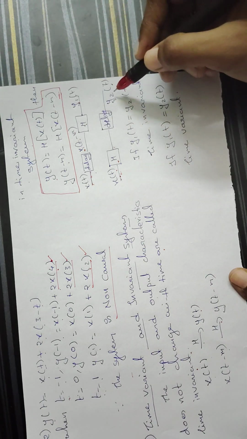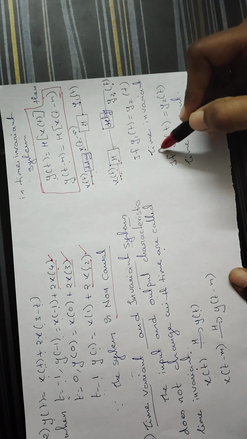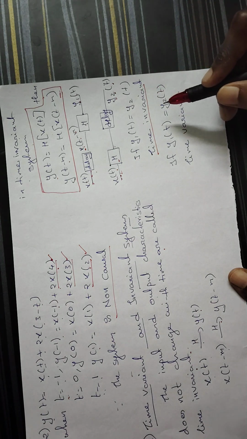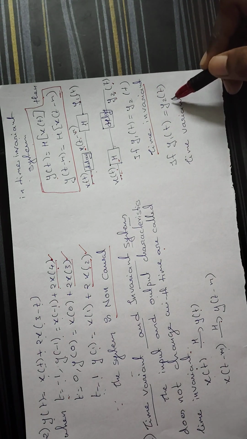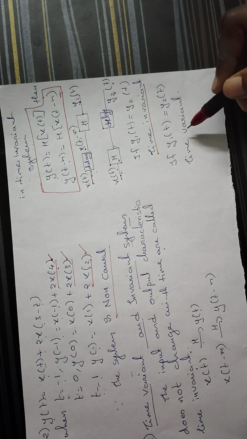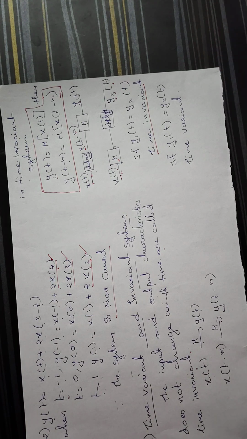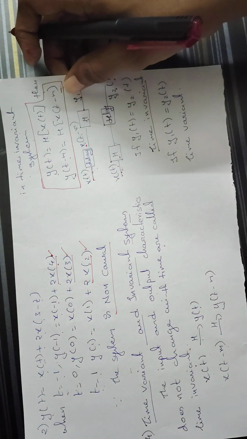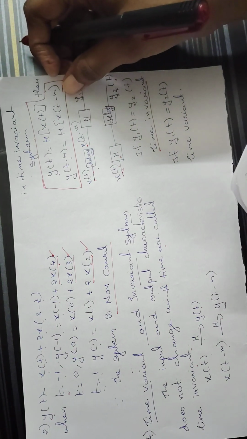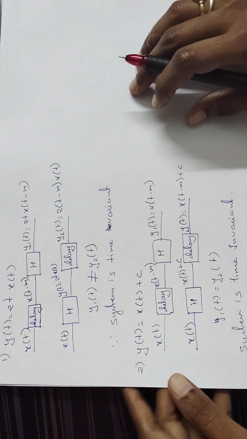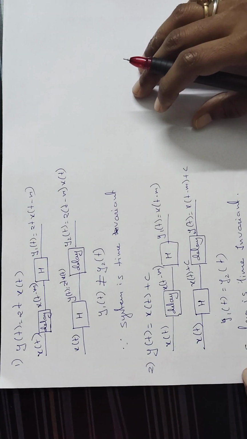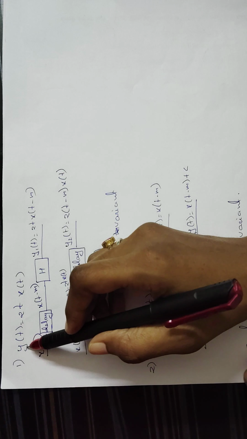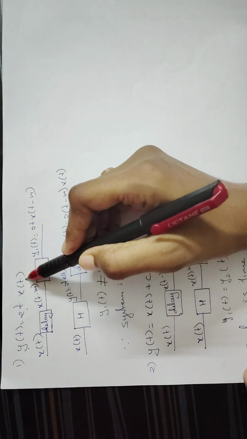If y1 of t is equal to y2 of t, then it is a time invariant system. If y1 of t is not equal to y2 of t, then it is a time variant system. So let us see some problems on time variant and time invariant systems. The first one is what? Let us take y of t is equal to 2t into x of t.